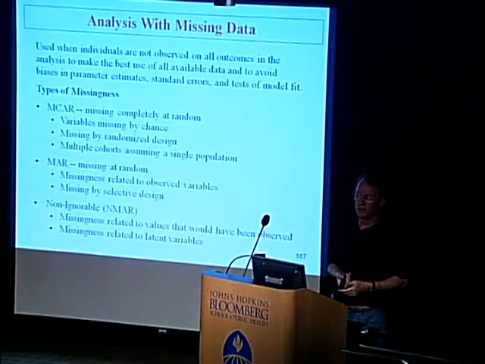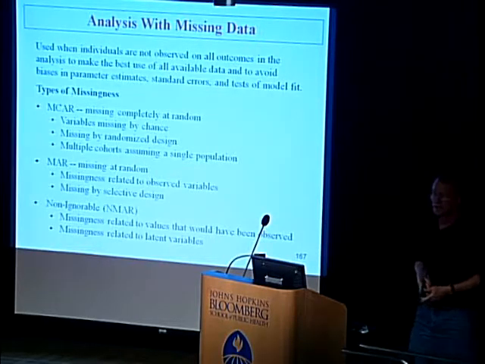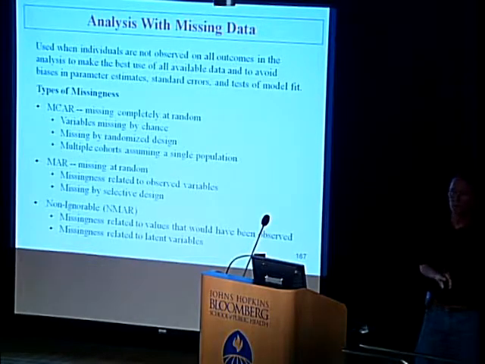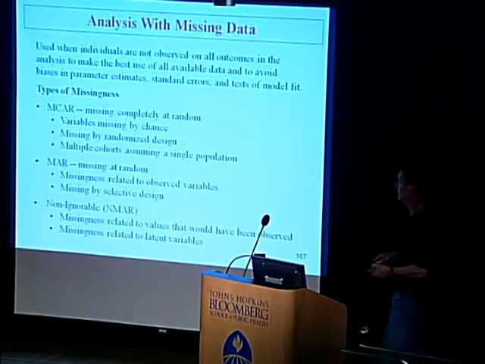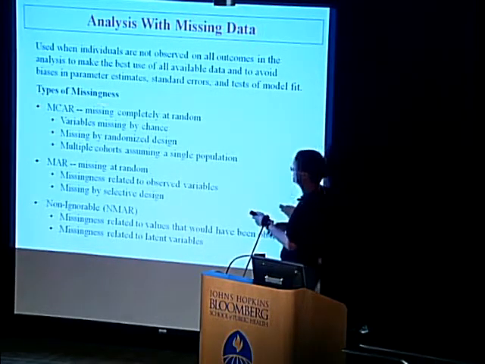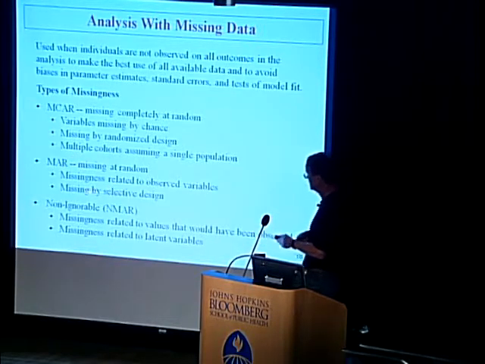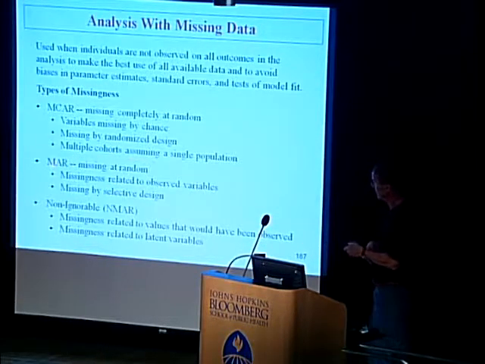But if they fall below that value on the screen, then you don't observe their Y values, and therefore you have missingness. But it's missingness that's planned. It is not MCAR, but it is MAR type of missingness. That's still very much okay.